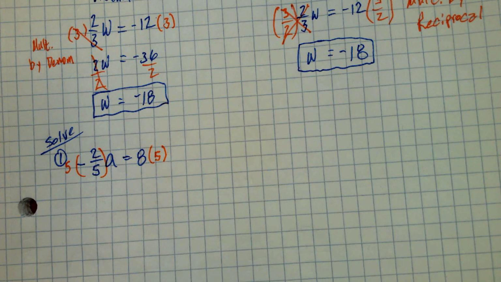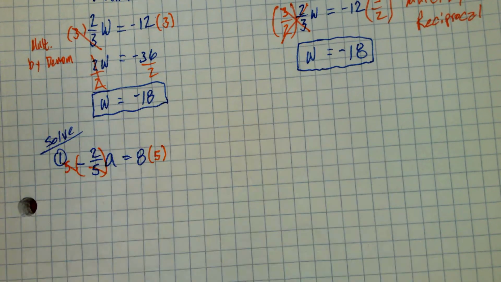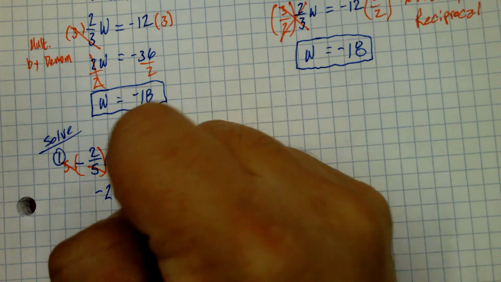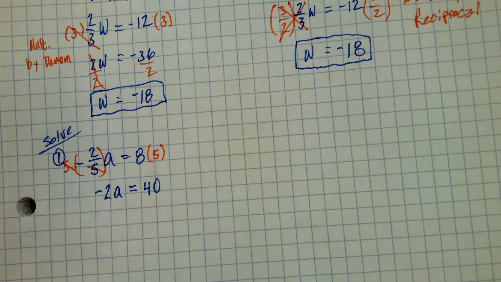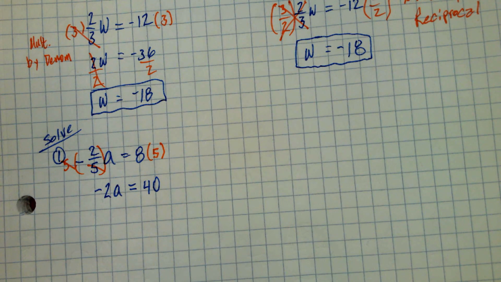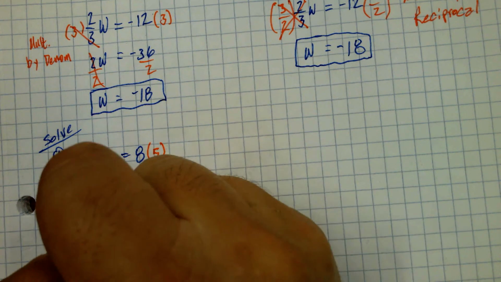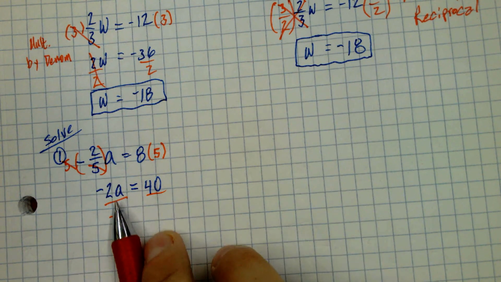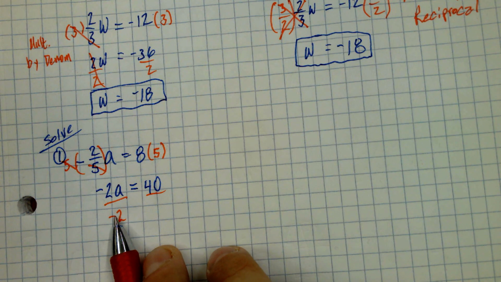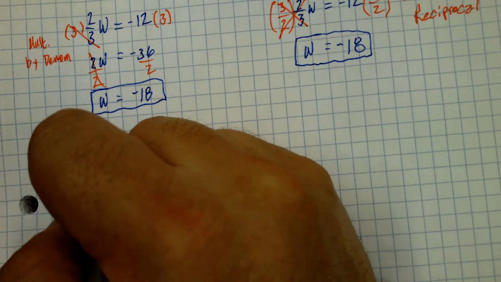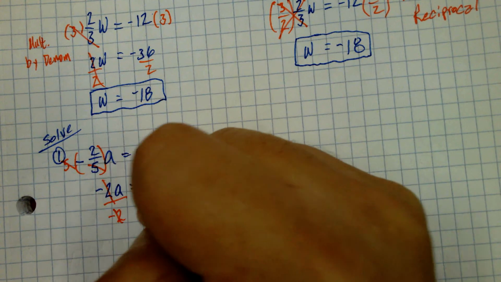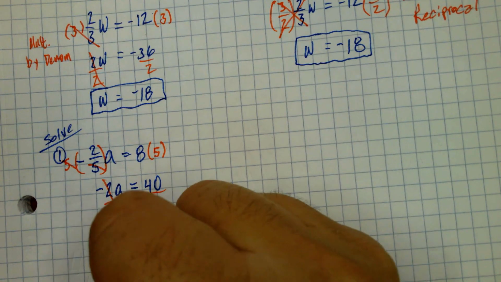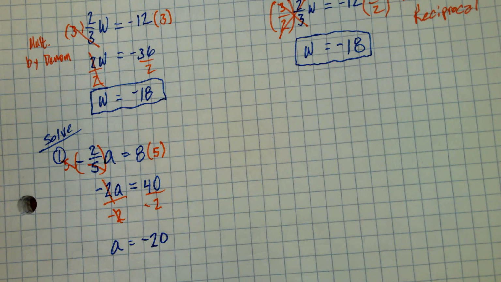Okay, so this 5 cancels with that 5. We still have negative 2a equals 40. So now we have a multiplication equation in which we would divide by negative 2. Remember, we want a positive 1 here. A negative divided by a negative makes a positive. So we get a equals negative 20. And that's our answer.